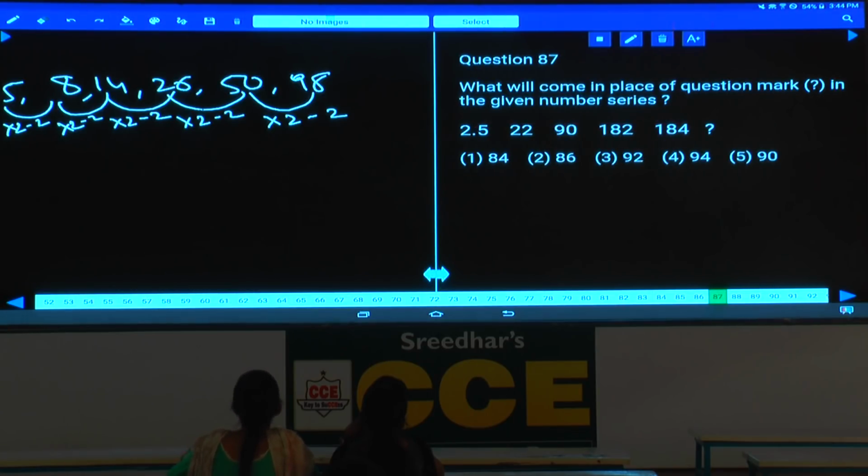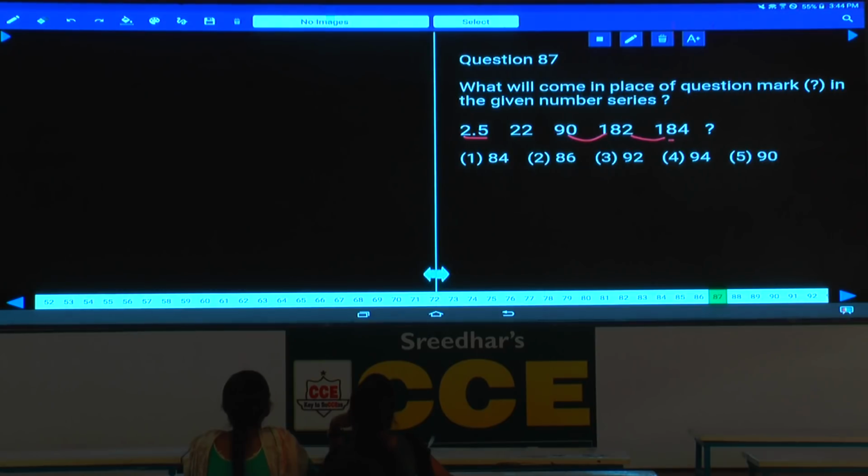Then question number 87. In this 87, starting with 2.5 and ending at 184, tell me what could be the relation between 90 and 182. Here 182 and 184. Tell me any answer to this. 2.5, and 182 and 184 can be written as, here it is into 2 plus 2, here into 1 plus 2.